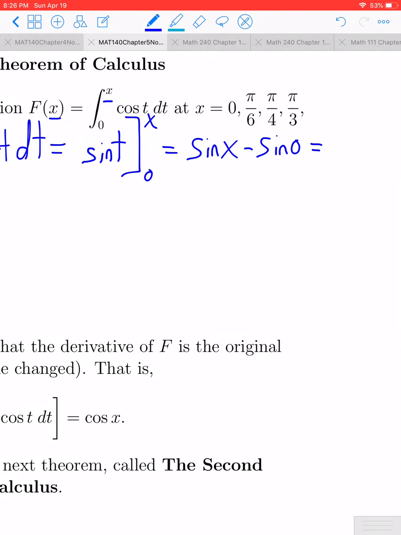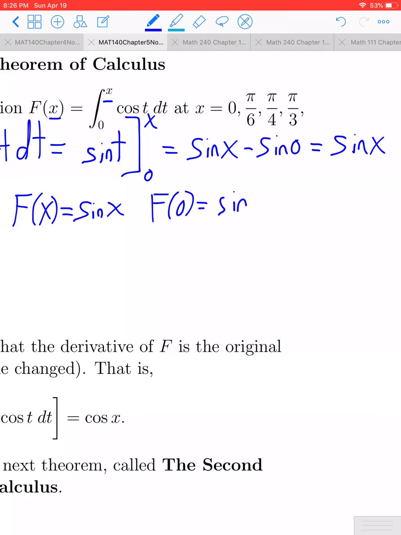The sine of 0 is 0, so it turns out that this fancy looking function is really nothing more than just sine of x. And we know from previous classes how to evaluate sine at a bunch of different values. F of 0, if I plug in 0, I would get 0.